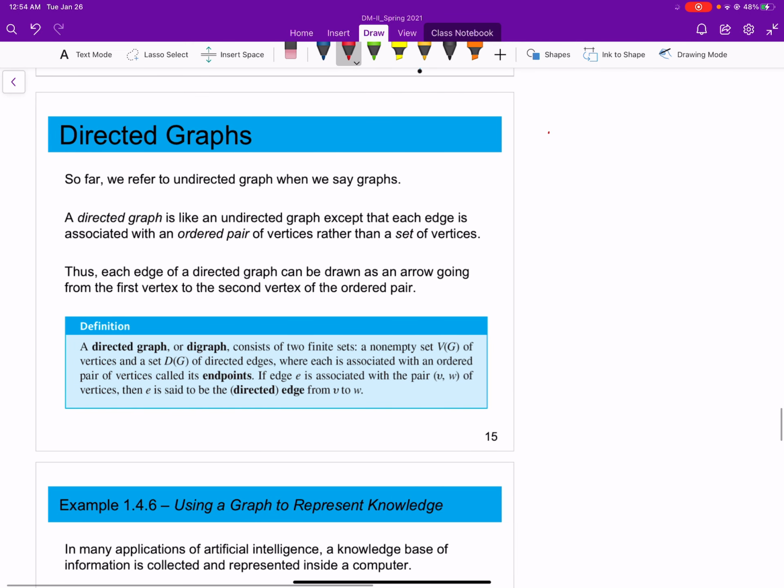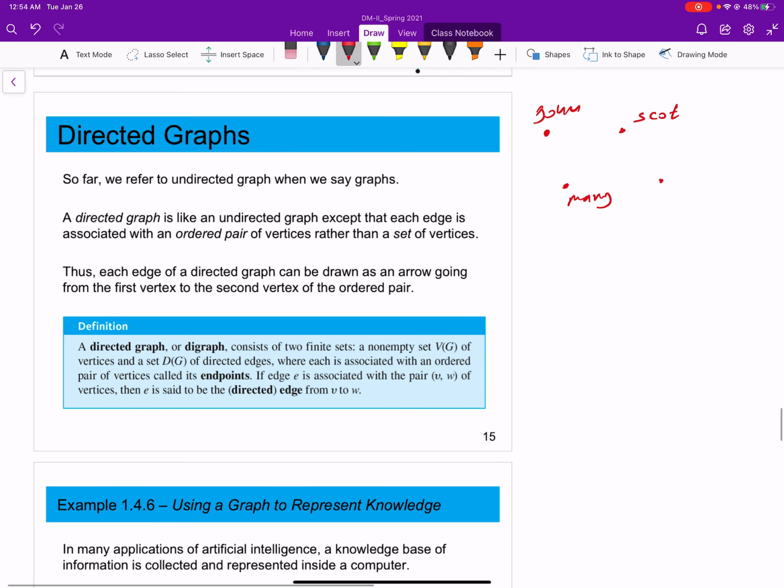Let's say you have these people: John. This is Scott. This is Mary. So they are friends, and then this is George. Mary is a friend of George, and Mary is a friend of John, and John is a friend of Scott. John is a friend of George, and that's it. So this is the friendship network.